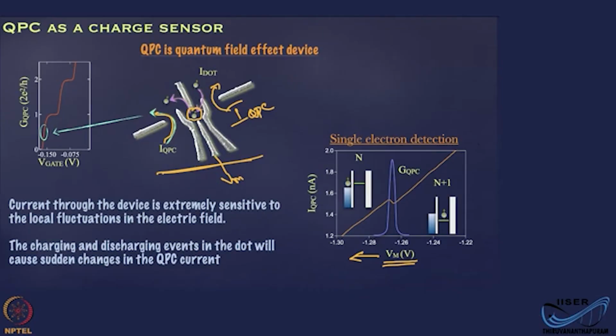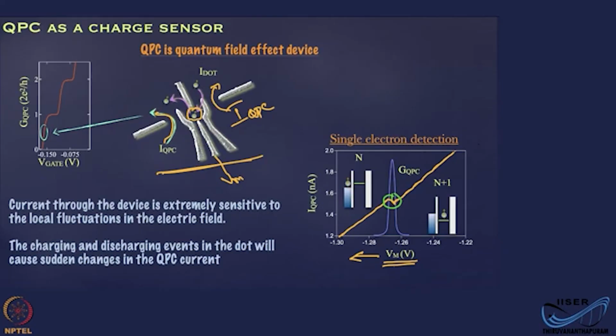Here this curve shows the QPC conductance, and the small bump in the data here is due to the electron tunneling out of the dot. So that is a signature that you are going to get in the QPC conductance when an electron goes out of the dot. So on the right side of this bump, you have the electron inside the dot, and on the left side of this bump, you have the electron outside the dot.